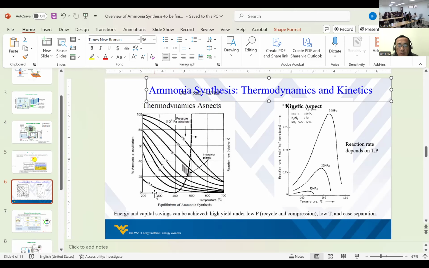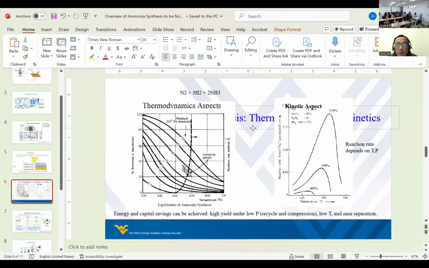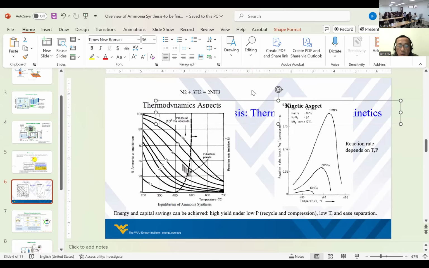So that's very low. The lower the temperature, the better. Remember we talked about thermodynamics. This is thermodynamics, not kinetics. Kinetics is on the right hand side. If you go to 400 degrees C at ambient pressure, you will not get any ammonia. The reason is that at low pressure and high temperature, the equilibrium goes to the left. So at 400 degrees C you get nothing, and at 500 degrees C, ambient pressure is out of the curve.